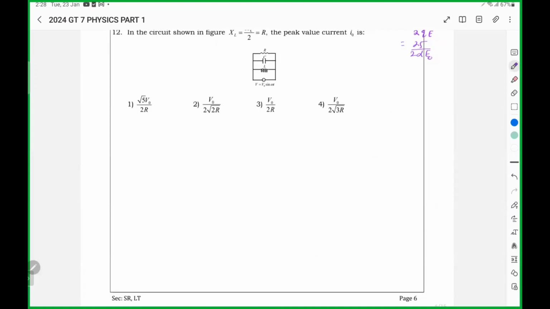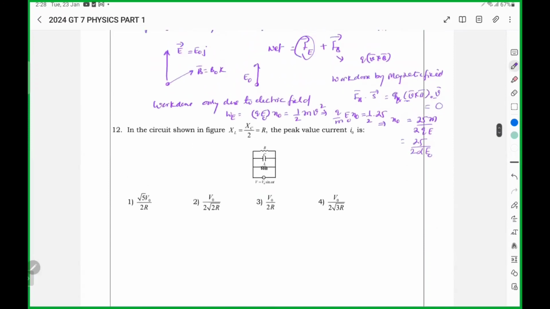Now here, in these AC circuits, some circuits are series circuits, some are parallel. This is an AC parallel circuit. So how will these kinds of circuits be solved? In series, current is the same.